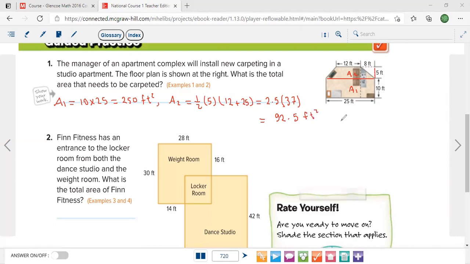So finally, the total area is 250 plus 92.5, and this will give you 342.5 feet squared.